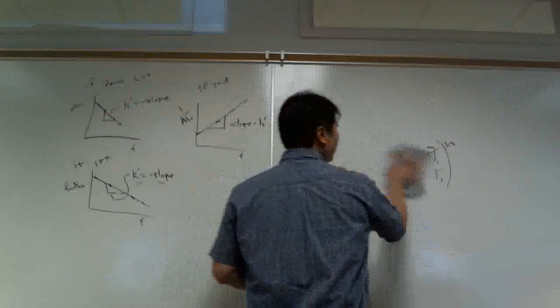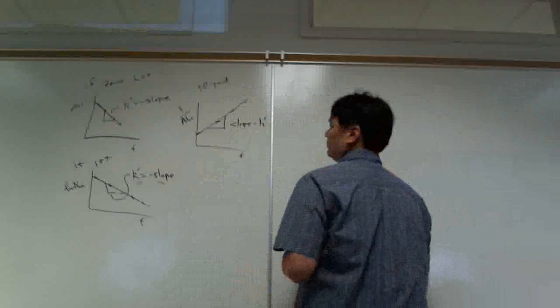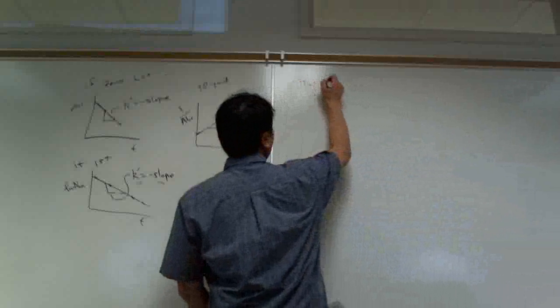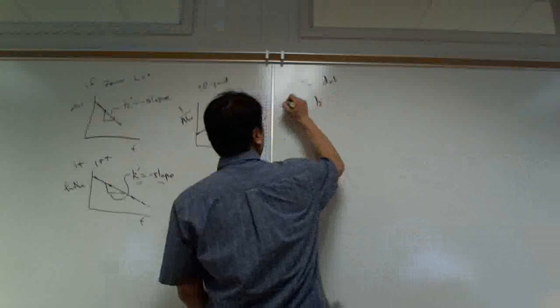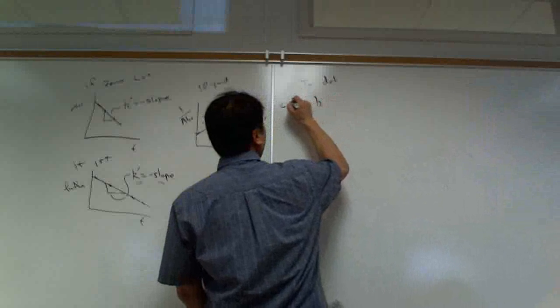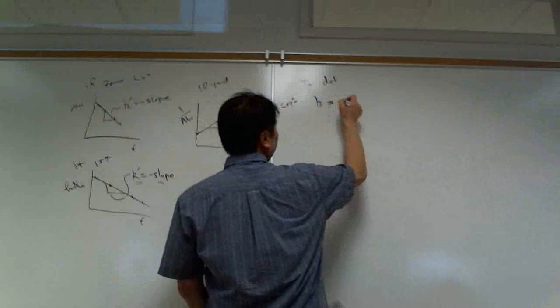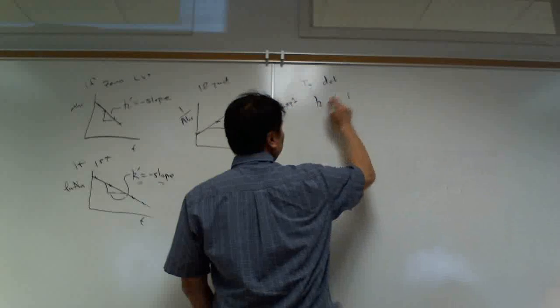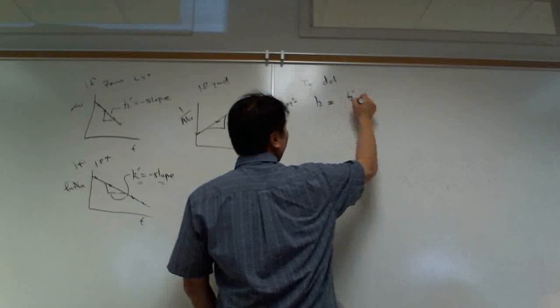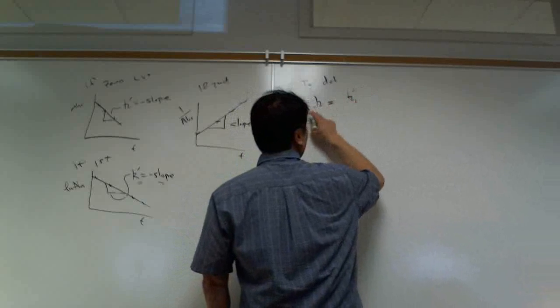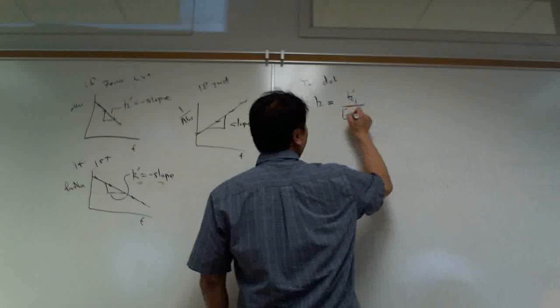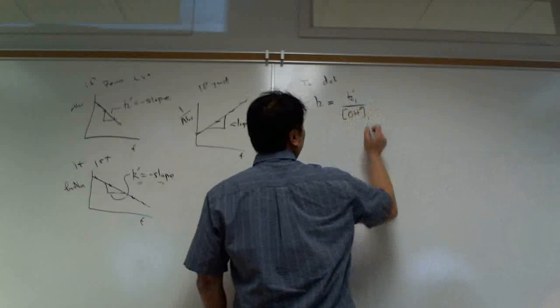But K prime is not the same thing as K. To determine K, from experiment 1, we get that K is equal to K prime 1 divided by the hydroxide ion concentration for 1.